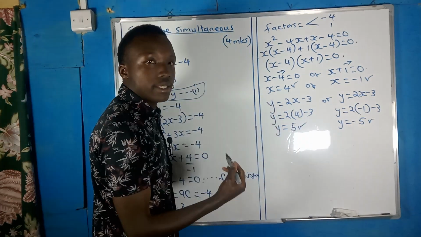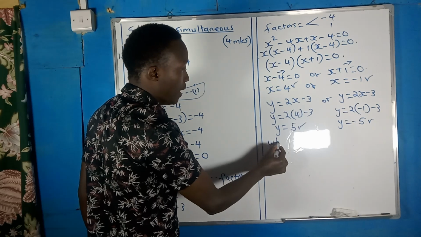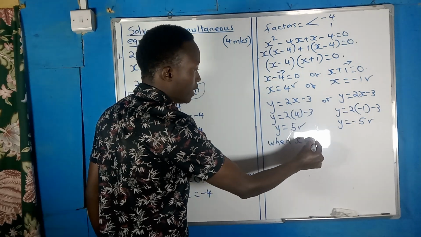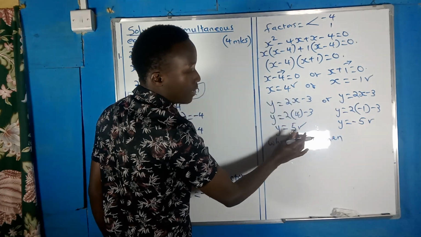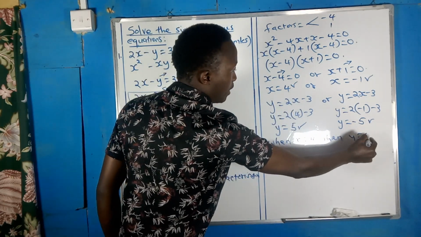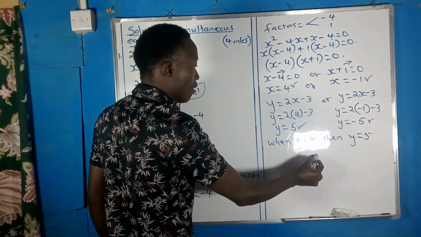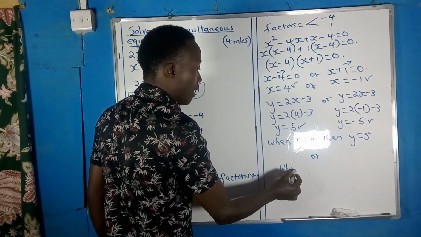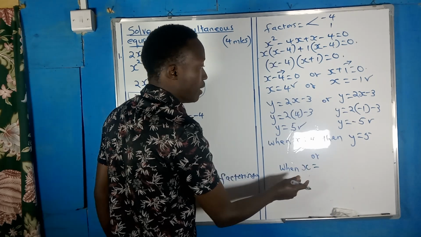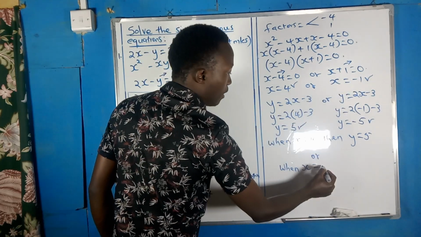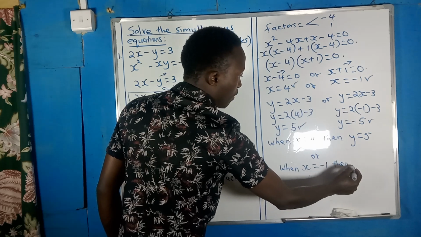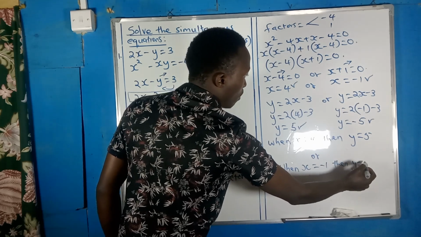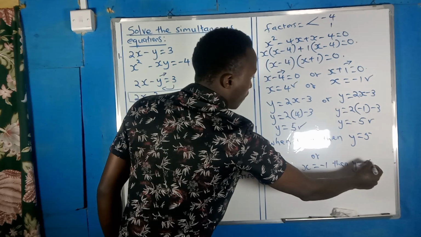So this simply implies that when x is 4, then y is 5. Or when x is equal to negative 1, then y is equal to negative 5.